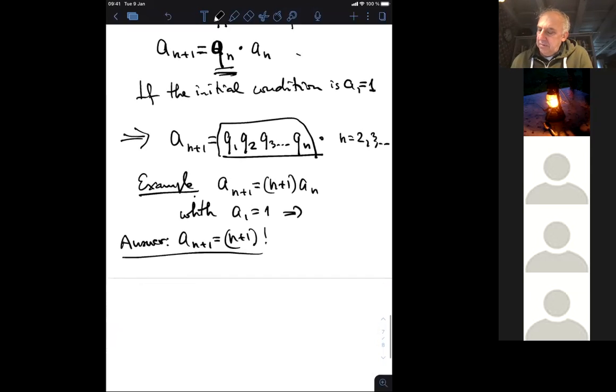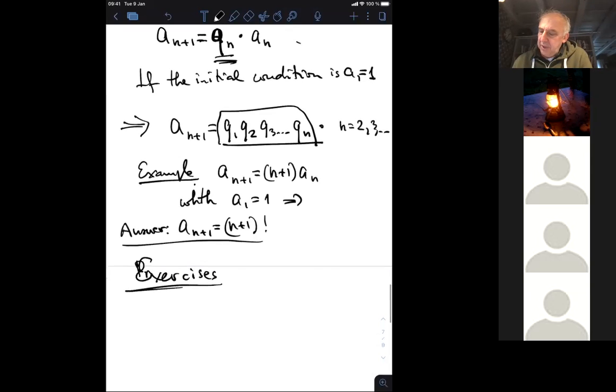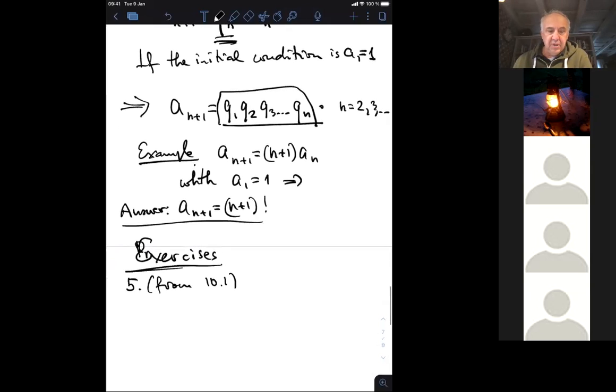Okay, so problems, exercises. I'll be picking number 5 from section 10.1. It says that the formulation is as follows.